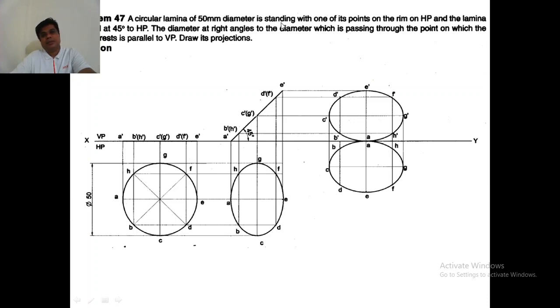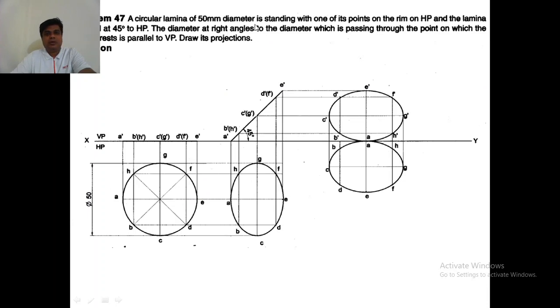This circular lamina is standing with one of its points on the rim. Rim means the circumference, the boundary of the circle, which is called the rim or circumference. We will have many points on this rim.